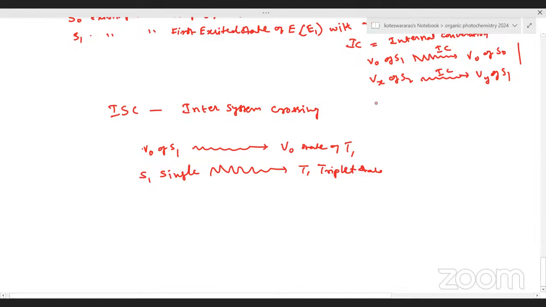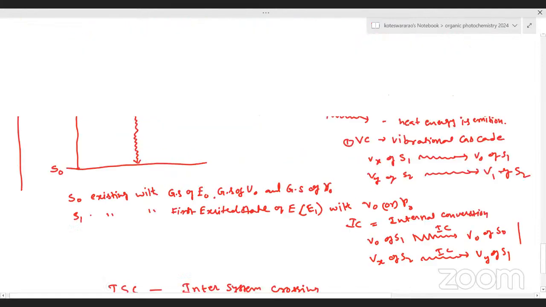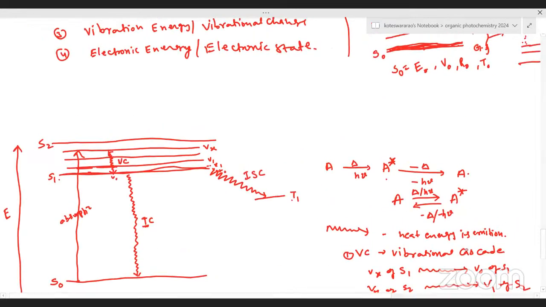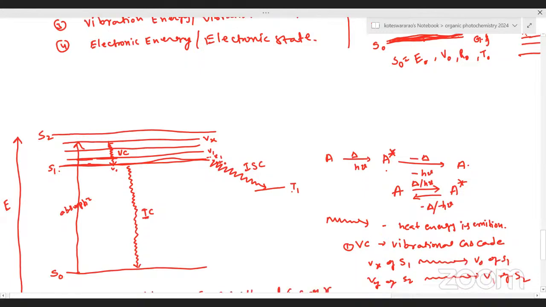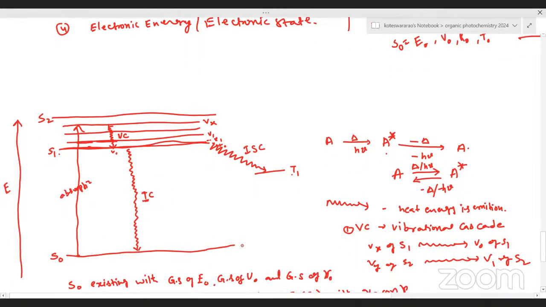Right. Next, after reaching the triplet state, it will again reach the ground state. It may reach the ground state by giving off heat energy, or it may reach the ground state directly by emitting light.